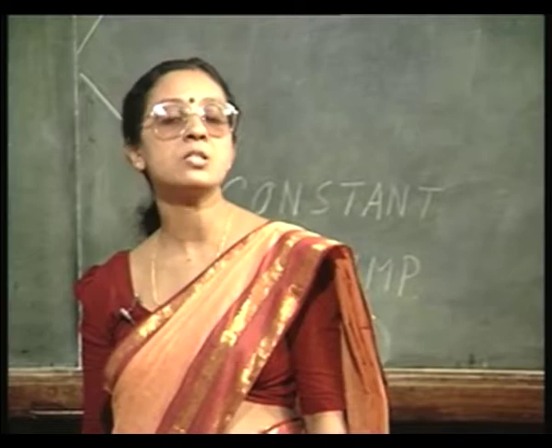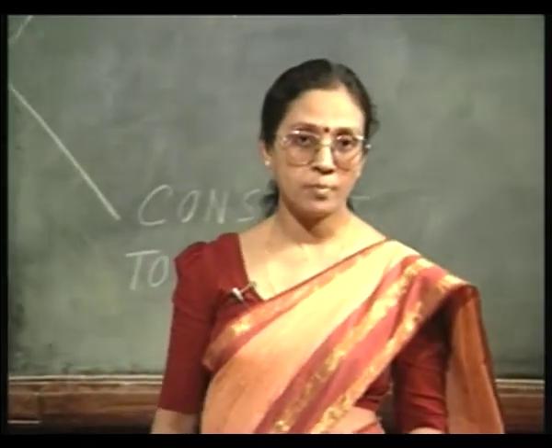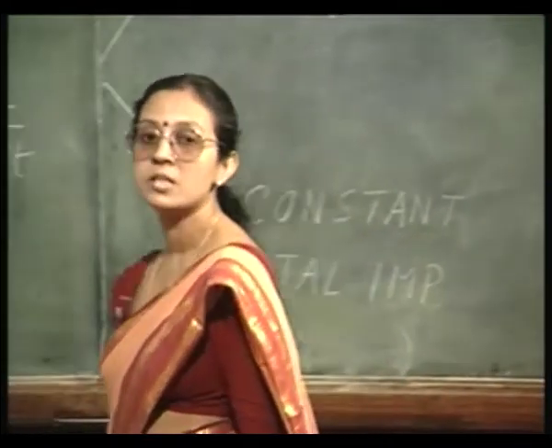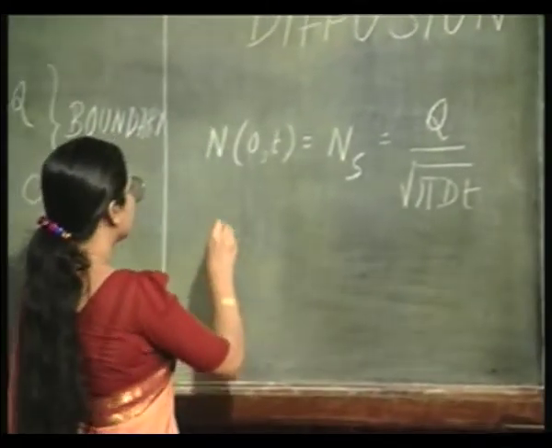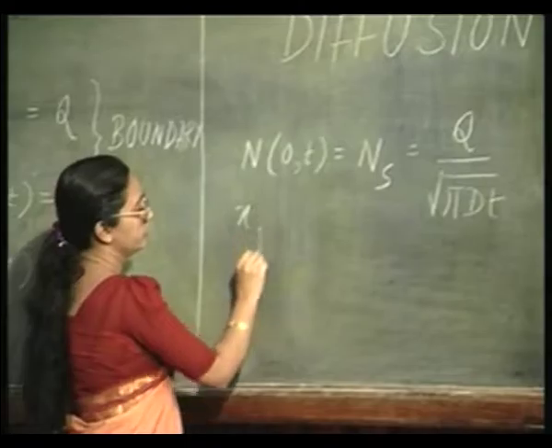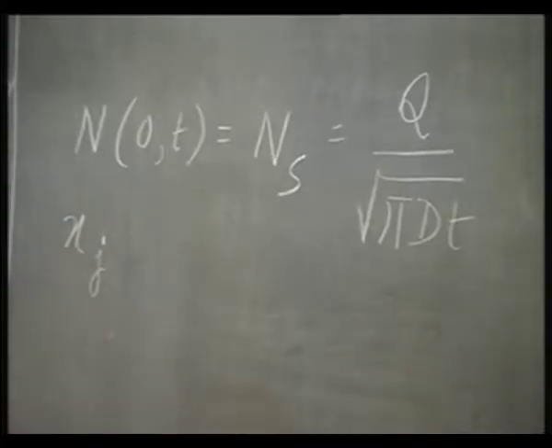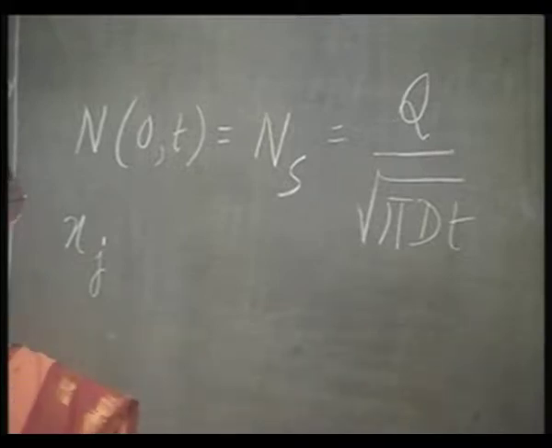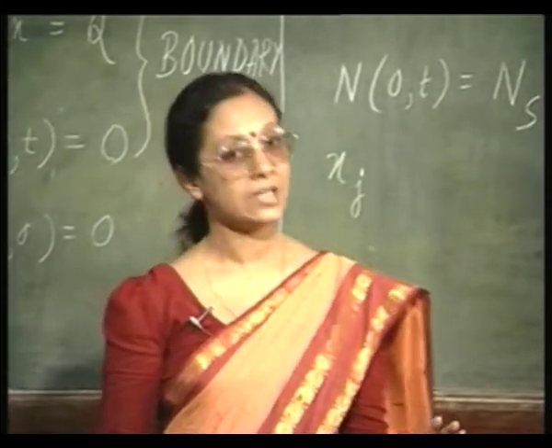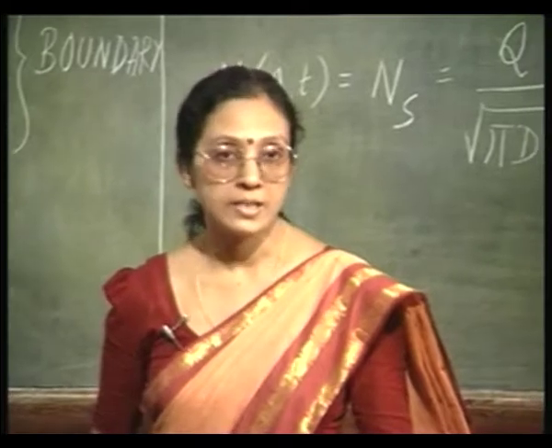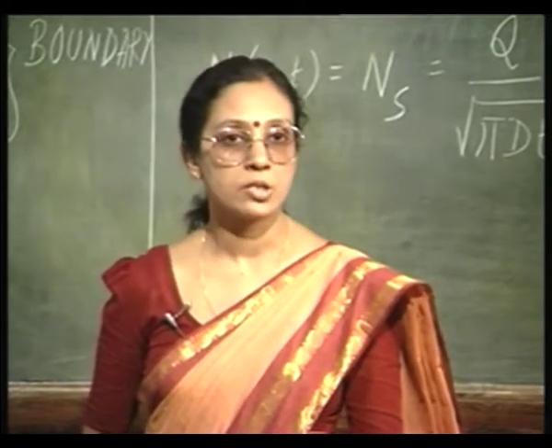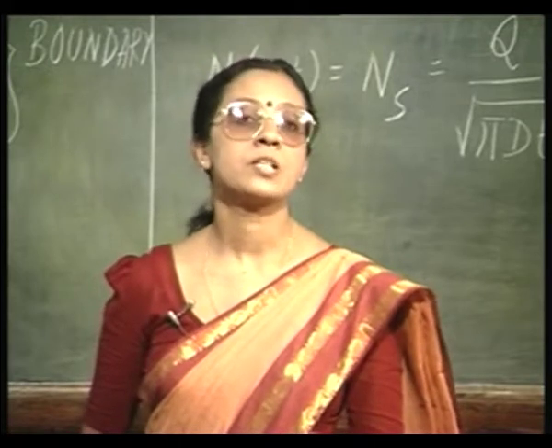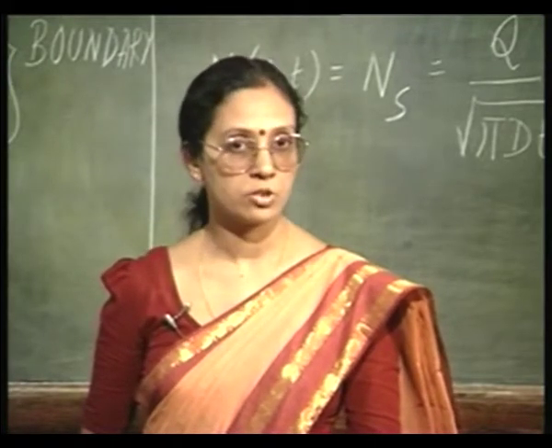So, that brings us to the next important parameter, which is the junction depth. In order to find the junction depth xj, how is the junction defined? The junction is defined as that point inside the semiconductor at which the impurity concentration equals the substrate background doping concentration.